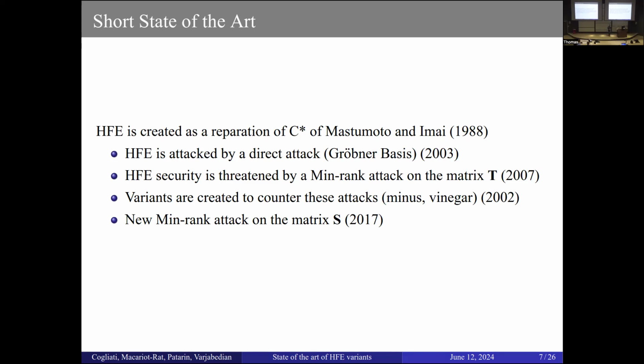Quite recently, a new type of attack was found, and that made these variants inefficient. In the previous NIST competition, there was a scheme based on HFE, which was called GeMSS, and it was just broken during the competition.